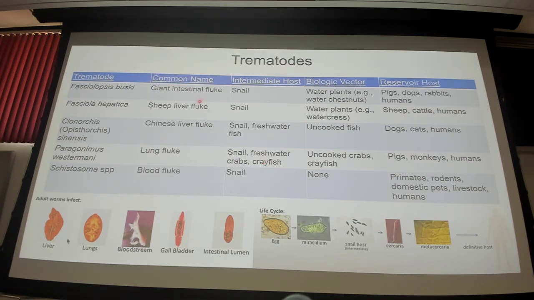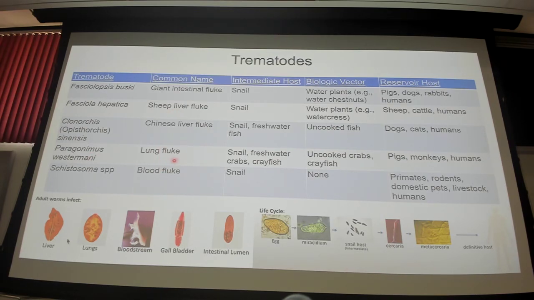In terms of target organs, we've got Fasciolopsis buski, which is the only one on this list that targets the intestines, and a lot of the symptoms for this one are going to be specific to intestinal issues. We've got two liver flukes, the Chinese liver fluke, and then Fasciola hepatica, the sheep liver fluke. So those symptoms will be somewhat reminiscent of damage to the liver: hepatitis, jaundice, things like that, liver problems.